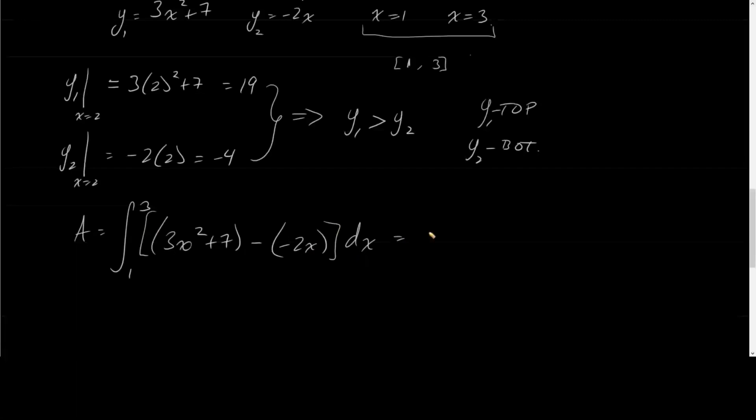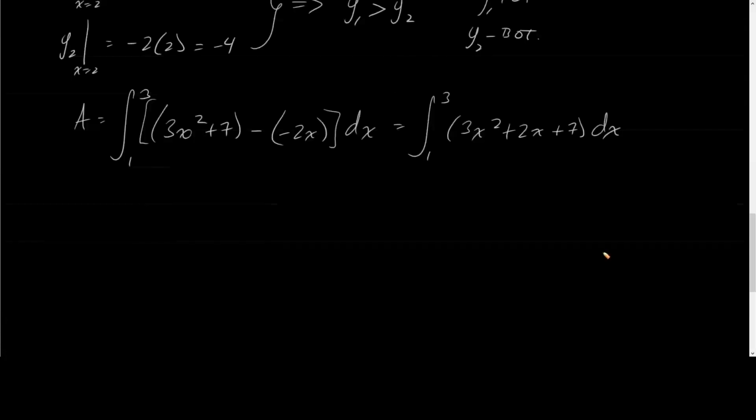Let's simplify that a little bit so that we have a simple integral, and I end up with 3x squared plus 2x plus 7 dx. And if we integrate this, well, what do we get? The integral of 3x squared is x cubed, plus the integral of 2x is x squared, and the integral of 7 is 7x. And this gets evaluated from 1 to 3.